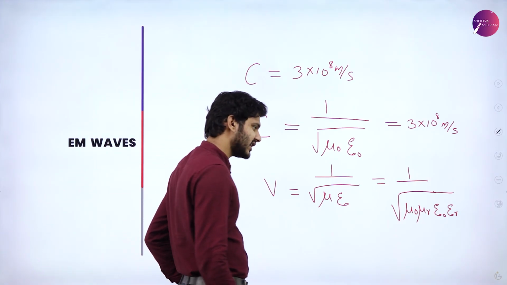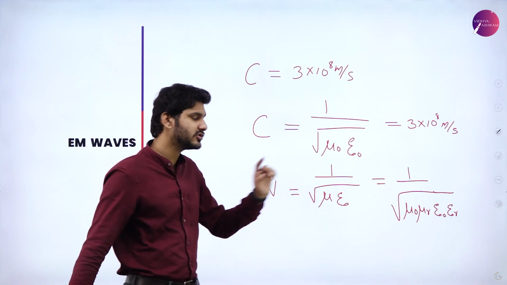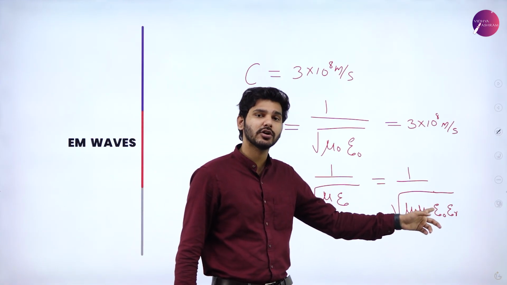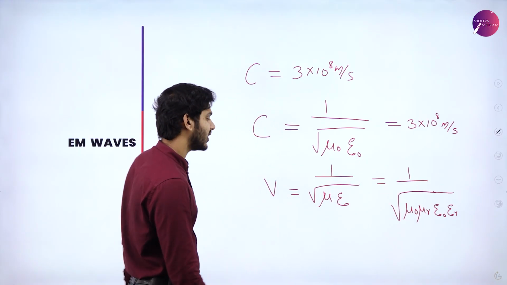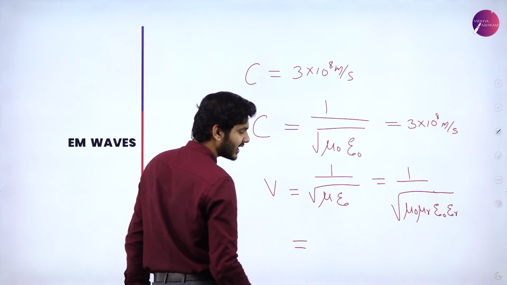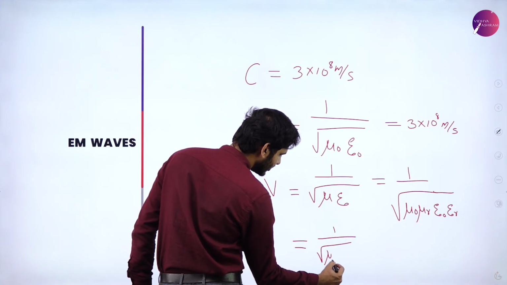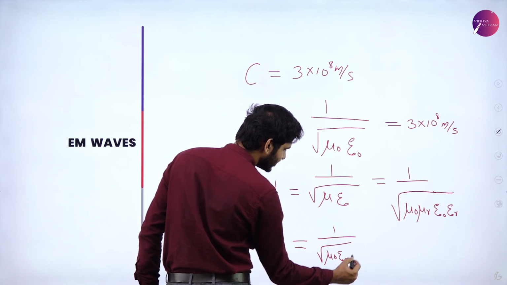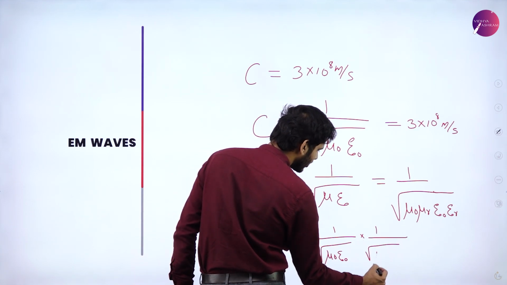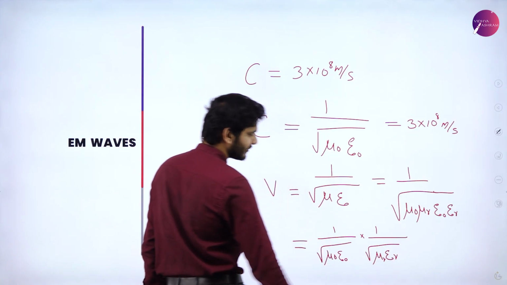So we can say that velocity will be equal to 1 by root of mu into epsilon, or simply 1 by root of mu naught mu r into epsilon naught epsilon r. Or one more way to represent this equation is to split these up and write it as 1 by root of mu naught into epsilon naught times 1 by root of mu r epsilon r.